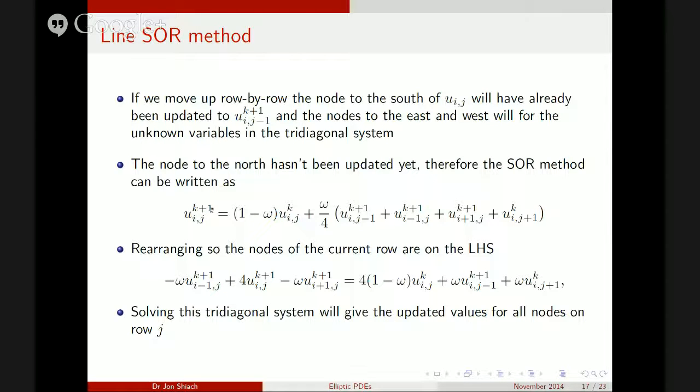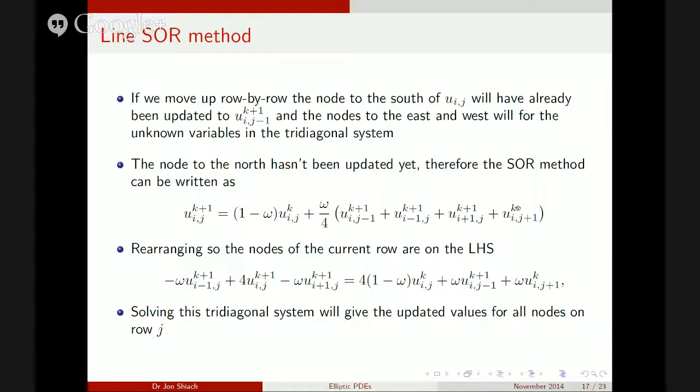So what I've done here is I've rewritten our point SOR method, and remember, this is just for the Laplace equation. It might be different than this depending on what equation you're solving. If you notice, we've got a standard 1 minus omega multiplied by the current node. All of these now have subscripts k+1 apart from the node to the north.